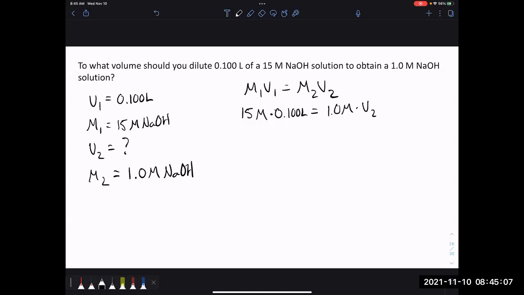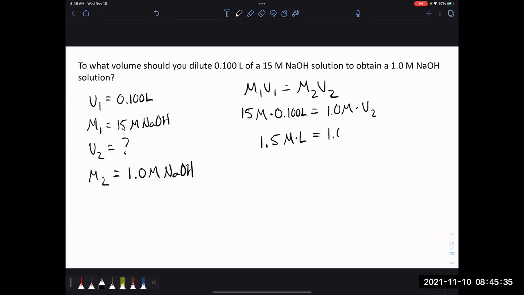Let's finish this. I have space here, so I'm going to show the units more clearly than I did in the last one. When we multiply 15 molar by 0.1, we're going to move the decimal place 1 to the left. You can do it on your calculator too. We'll get 1.5. And then our units here won't add, but they multiply together. So we've got moles, liters there.